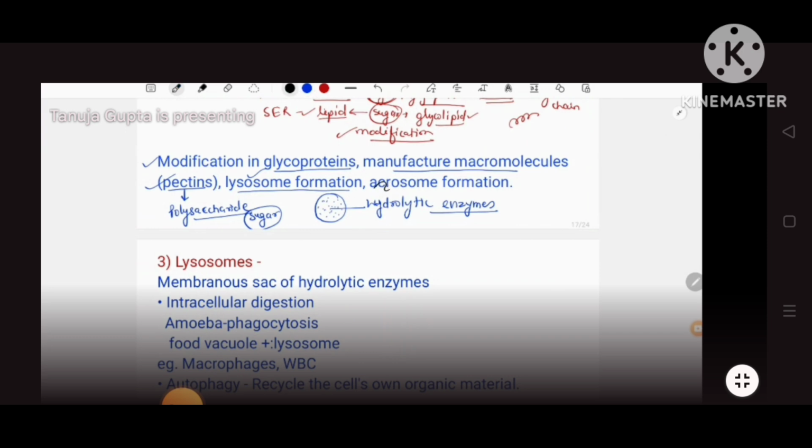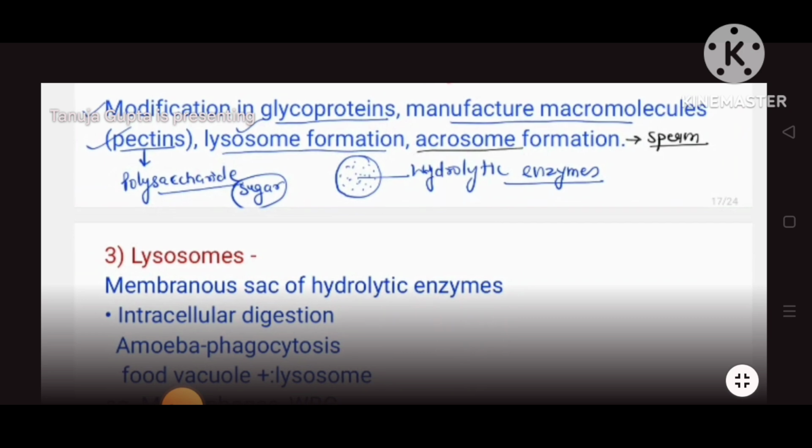And one more word is acrosome. What is acrosome? It is present in the sperm. Do you know sperm? There are two terms, male and female gametes, like sperm and ova. In male, sperms are formed. This you will read later on in this syllabus.